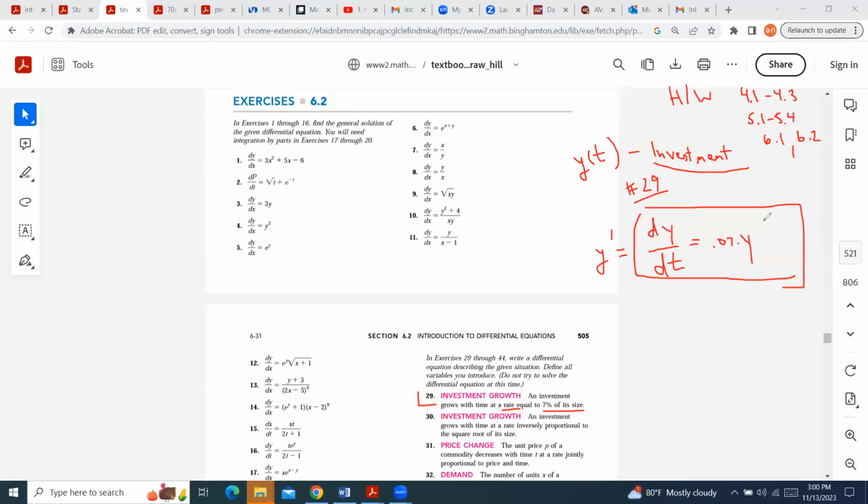So lots of times, whenever you have the rate of change or something similar to that's derivative, that's where I get the equation. And then I can separate these and find what they want.